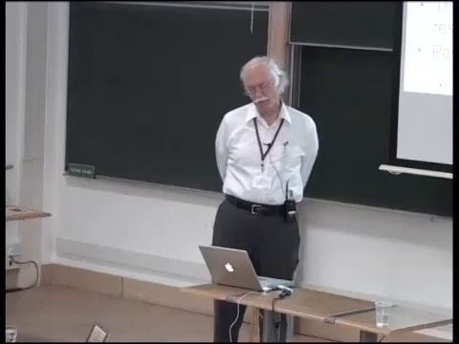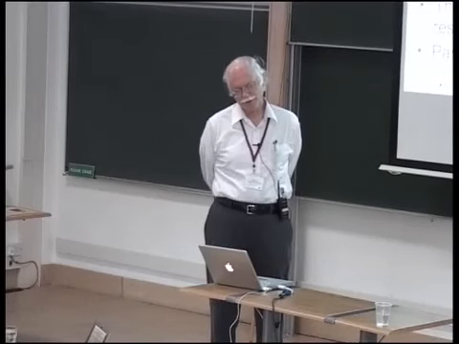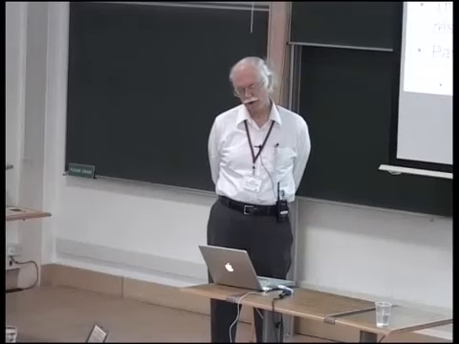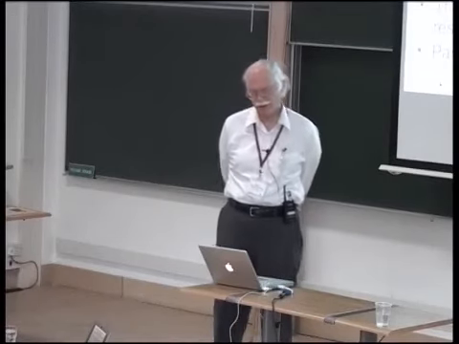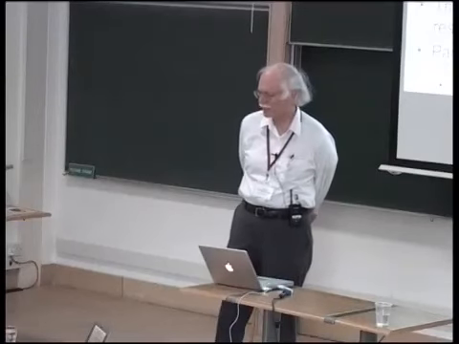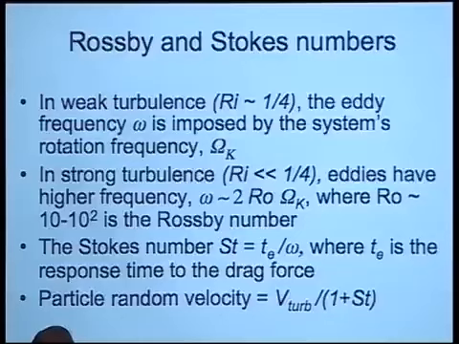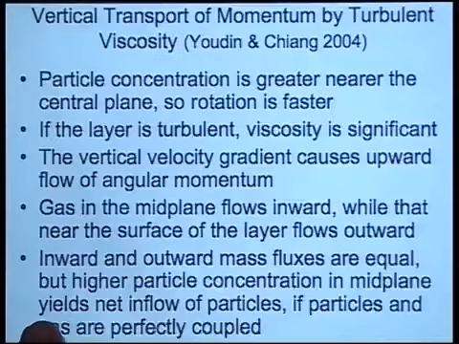And then the response of particles to this turbulence depends on the Stokes number, the ratio of the characteristic response time to the drag to the eddy turnover time, where the eddy turnover time is not necessarily the Kepler time. And from that one can derive a random velocity of particles in a turbulent field.